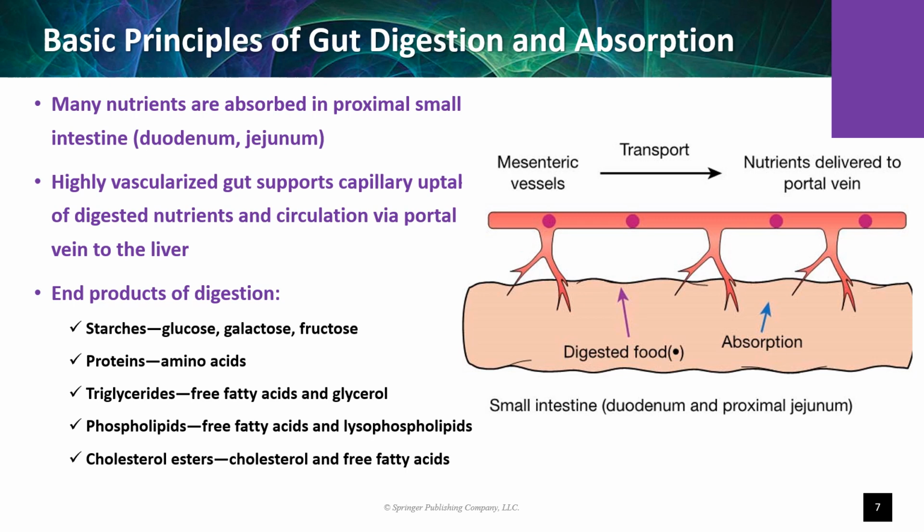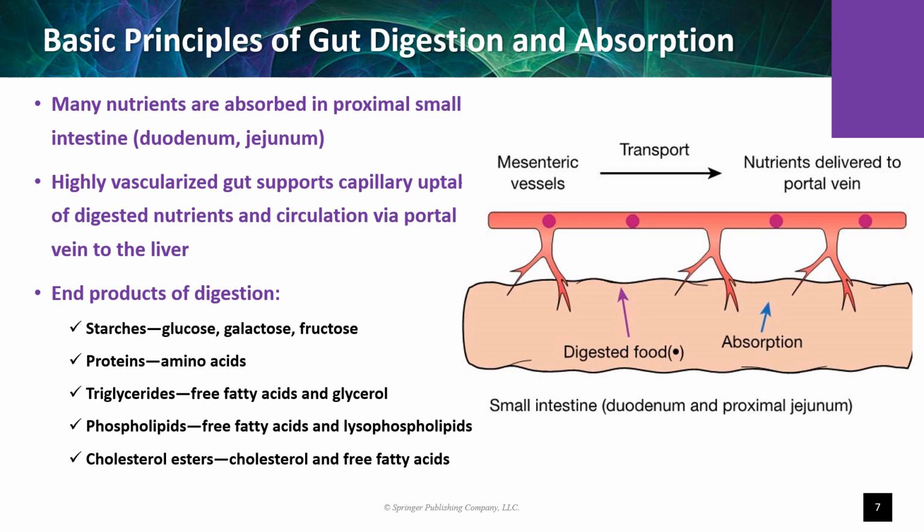The small intestine is responsible for digestion and absorption of macronutrients and most micronutrients. The breakdown products of a mixed meal include monosaccharides, amino acids, monoglycerides, fatty acids, and cholesterol.